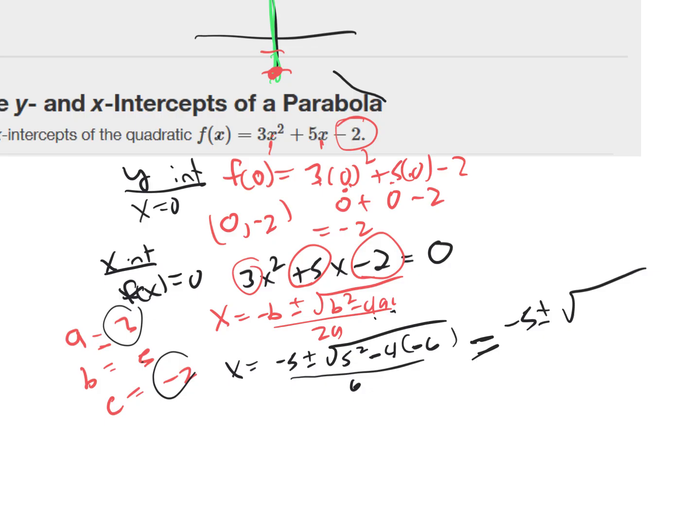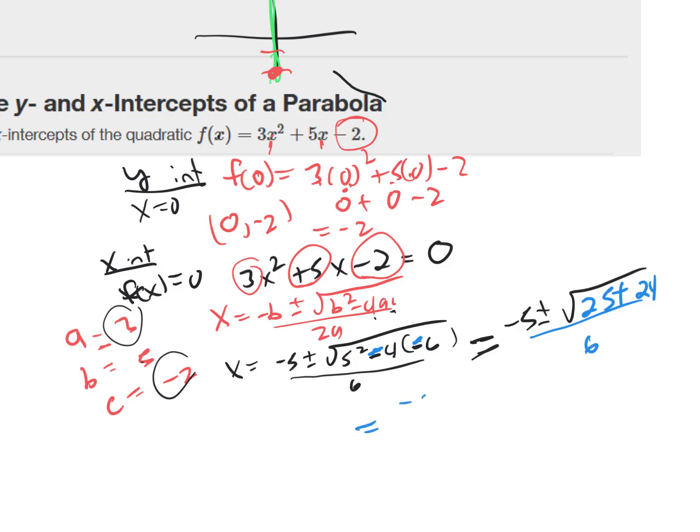And I want you to be careful. There's a minus here. There's a minus here. That becomes a 25 plus a 4 times 6. 24. 4 plus 24. All over 6.